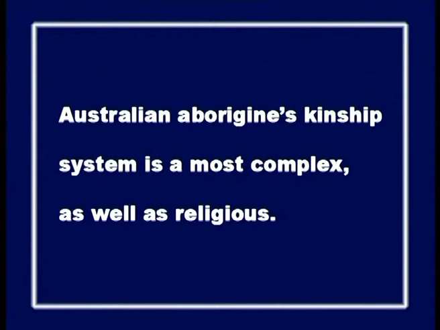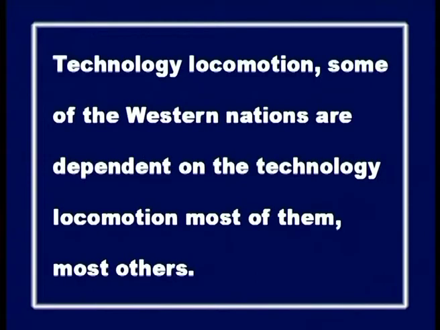To take a few examples, take a factor such as kinship. Australian Aborigines' kinship system is the most complex as well as religious. Take another example, technology, locomotion. Some of the Western nations are dependent on locomotion technology, more so than most others. Take such things as meditative practices.